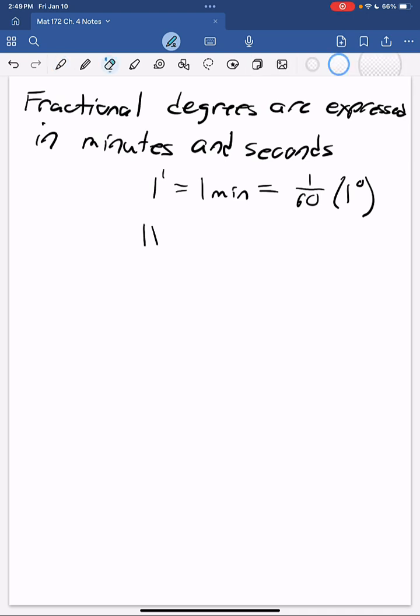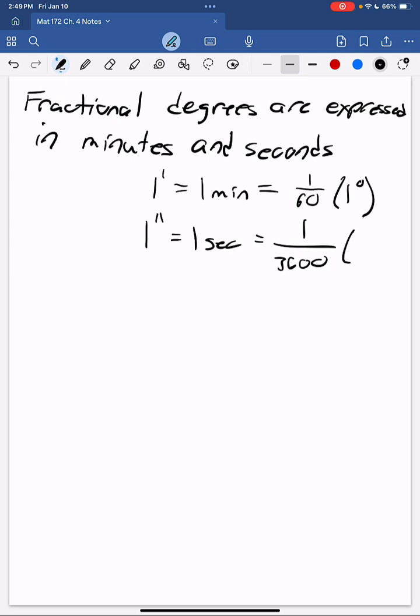Then 2 primes, a double prime, equals 1 second. That is equal to 1 over 3,600 of a degree, because there are 3,600 seconds in an hour. So it works the same way as regular time does, except instead of talking about hours, we're talking about degrees.